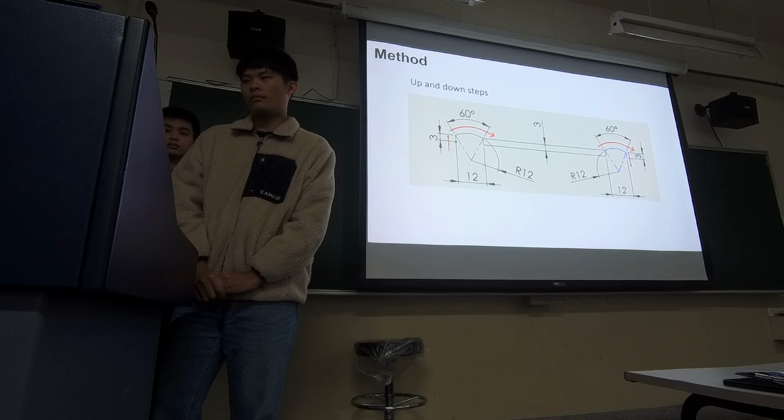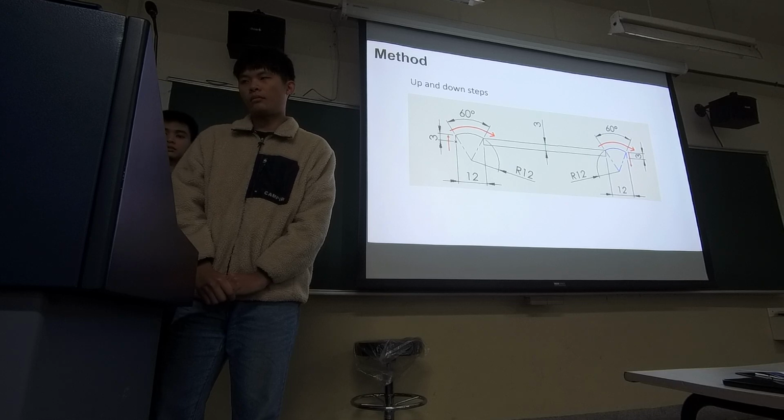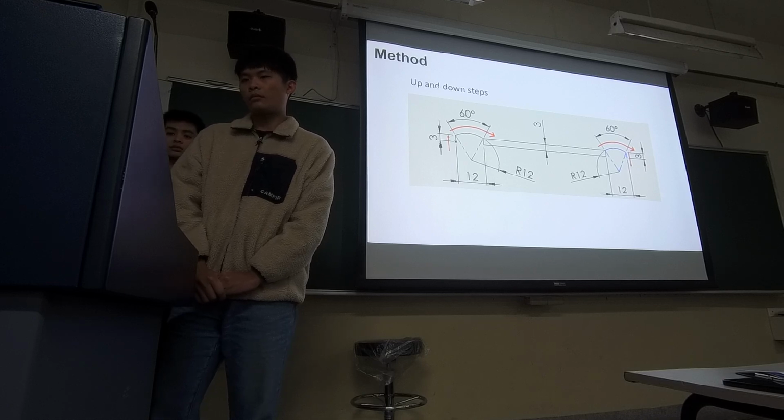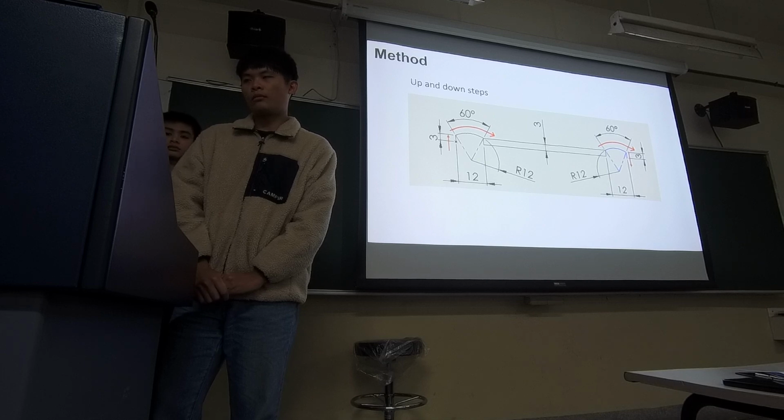If the distance is less than 12 units, the leg will move up by 3 units and move forward 12 units in a 60-degree arc. Once one or both front legs reach the platform, the body of the robot will rise and continue moving forward. The process of going down steps is quite similar to going up. The only difference is that the body will lower as all the legs touch the ground.